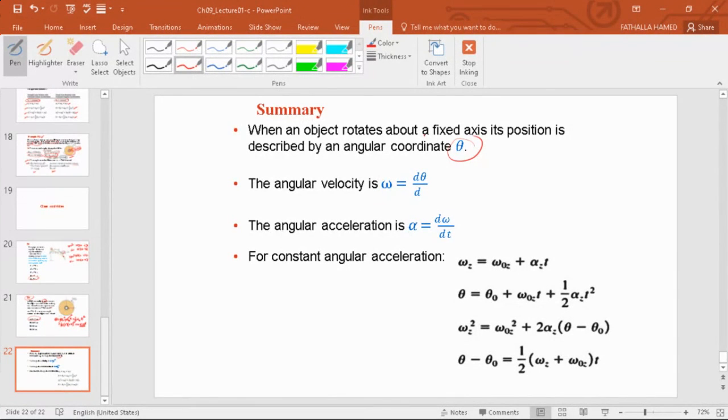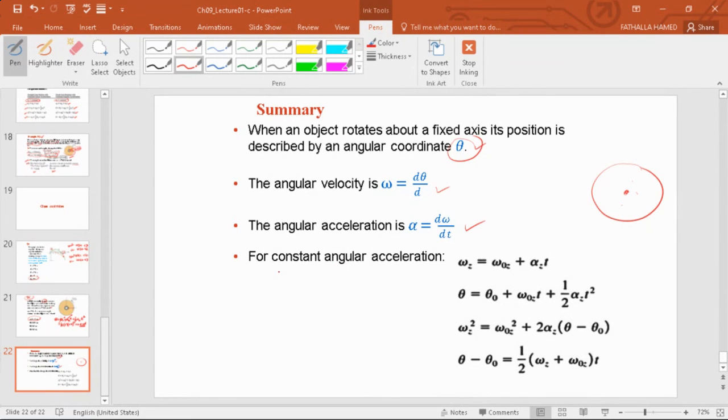And by the way, when a body is rigid and it's rotating, if you have a body, and this is the axis of rotation here, every point will have a different r, but because the body is rigid, all these points will rotate at the same theta. And that will basically give you the same angular velocity, which is d theta by dt, and the same angular acceleration, which is d omega by dt.